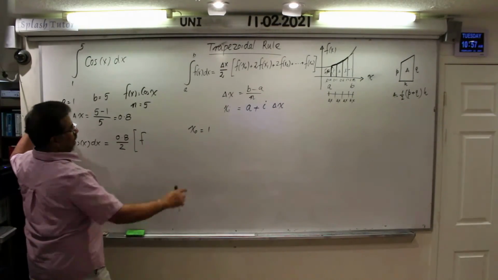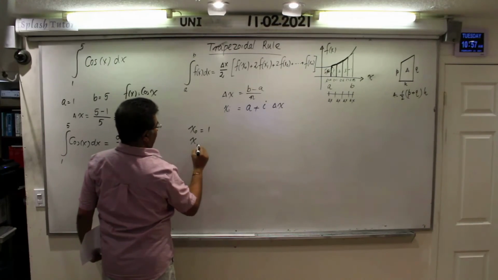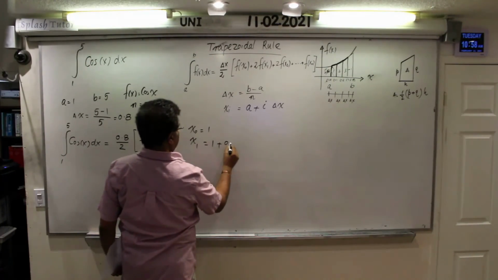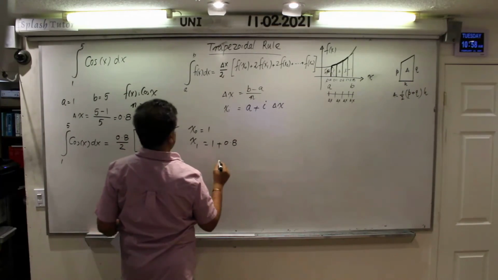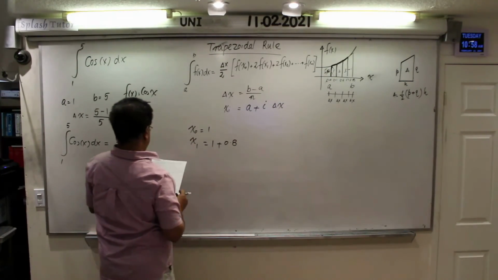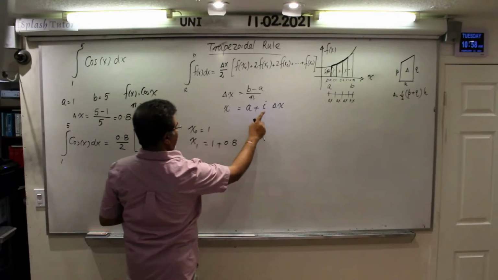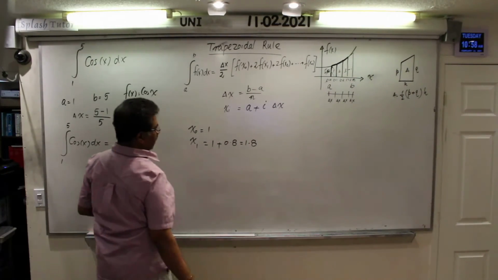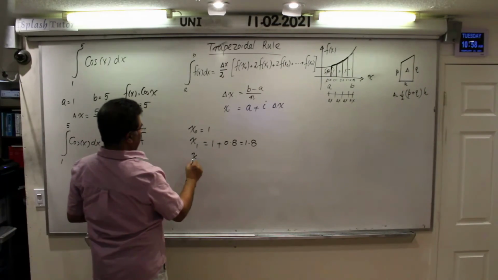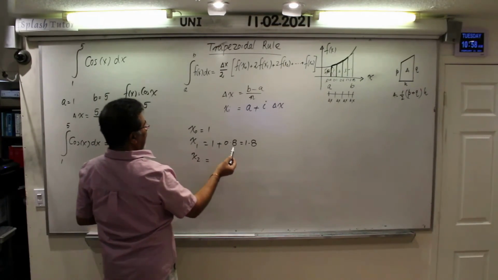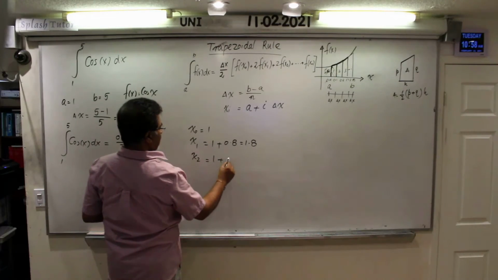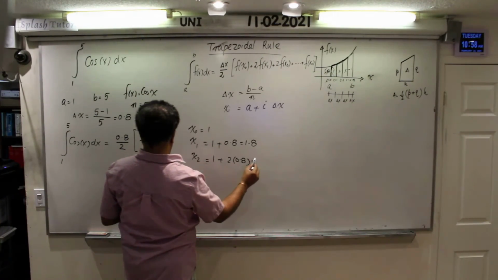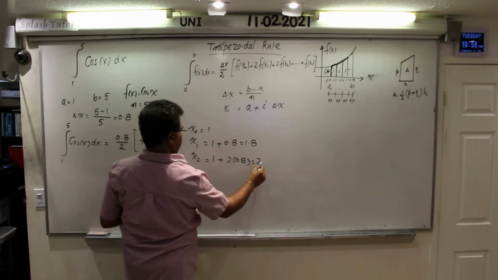X1 is equal to 1 plus 0.8 times 1, and that is 1.8. And x2 is again a, 1, plus 2 times 0.8, and that is actually 2.6.